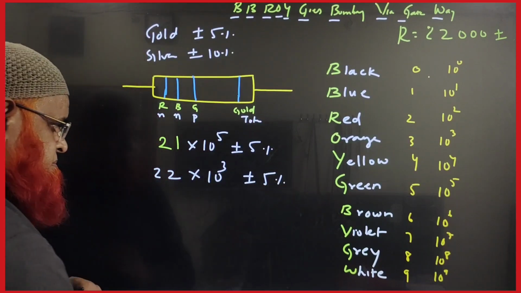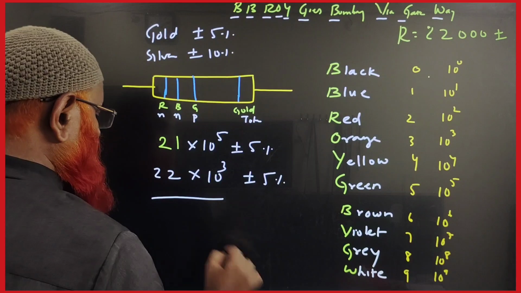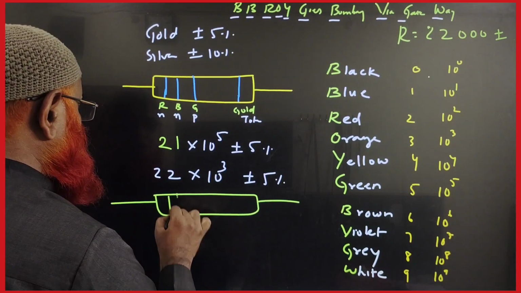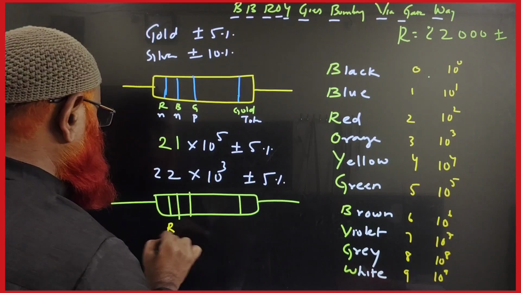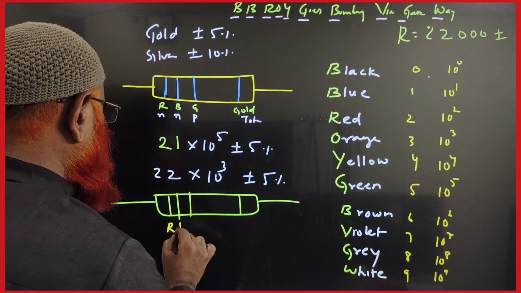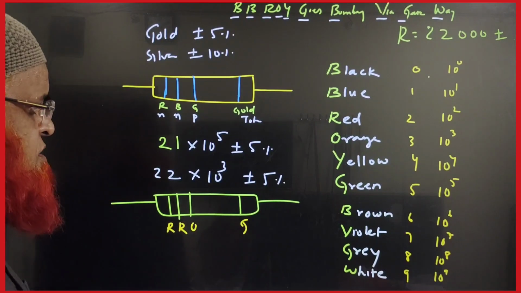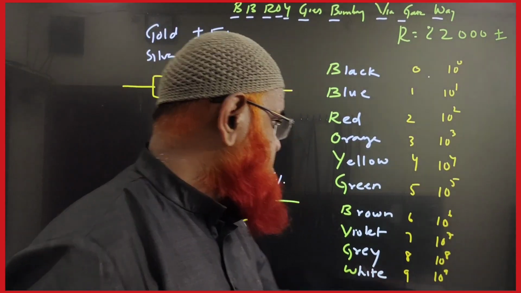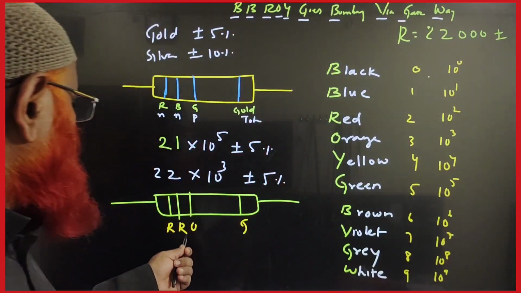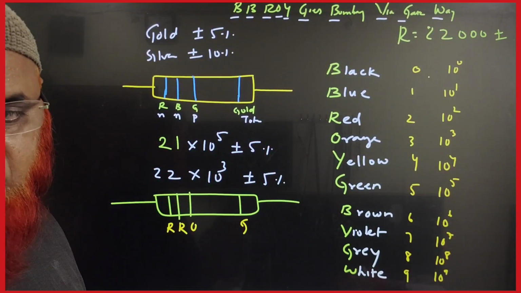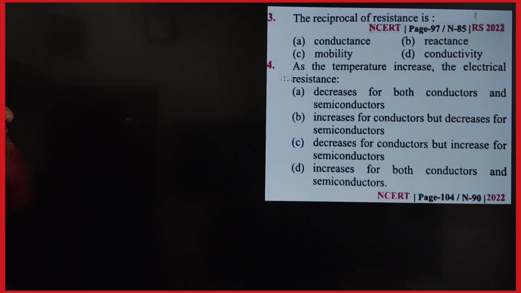The first color means 2, the second color is red only, the third color is 10 power 3, and this is gold. So what is the question here actually? What is the color of the third band? Orange. Understood? That is how to find the resistance from the color code. I think with that you can do any problem of this type.